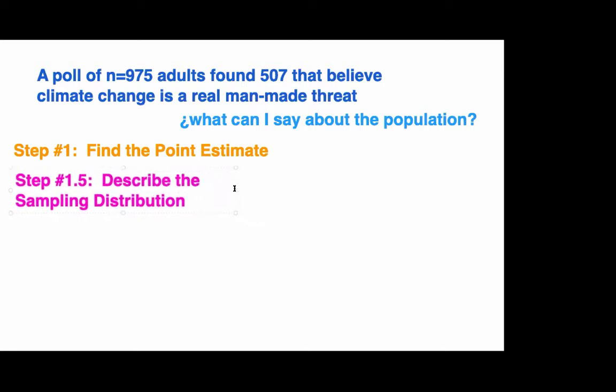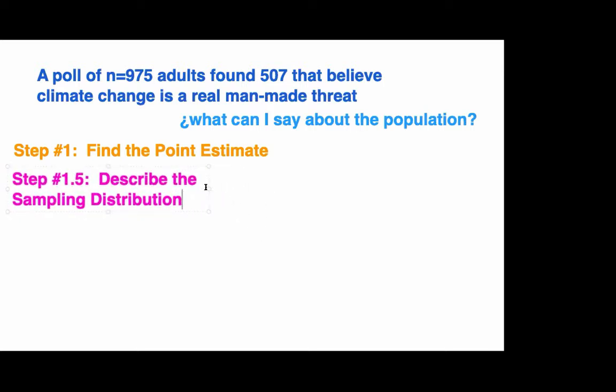Okay, and so in this case, what we're asking is, is our sampling distribution normal, or more importantly, are the p hat normally distributed? And if so, what would the mean and standard deviation be for that distribution?